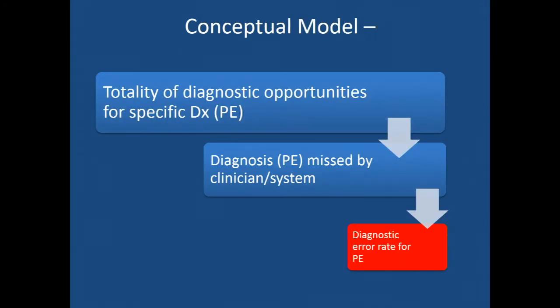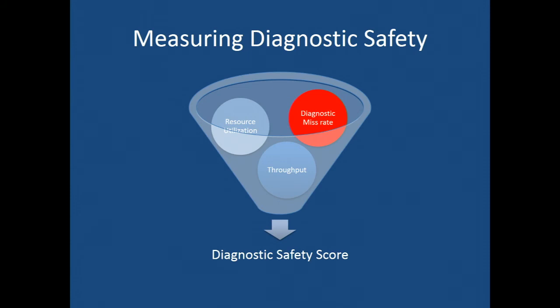So it made us change our conceptual model a little bit. And so what we propose to do is, rather than looking at the totality of all diagnostic opportunities, try to look at the totality of diagnostic opportunities for a specific diagnosis, find the times that we miss that diagnosis, and then define our error rate for that diagnosis. And in fact, we really don't even want to call it a diagnostic error because we're not quite sure it's truly an error.